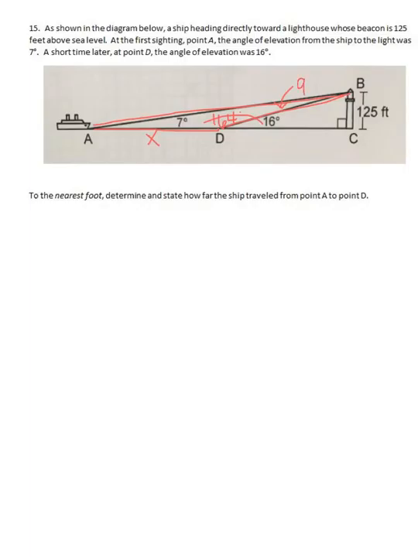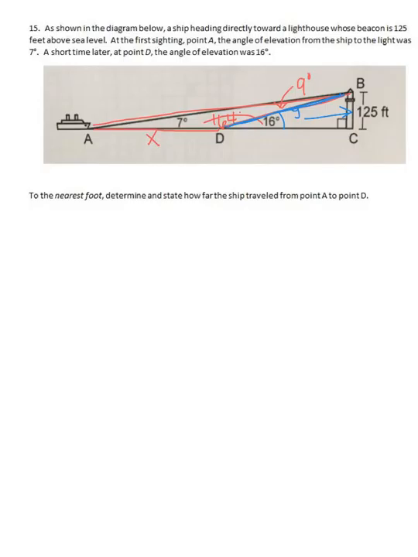That is 9 degrees. I need to find the length of this side. I'm going to label that as y, using this angle measure and the side opposite from it.